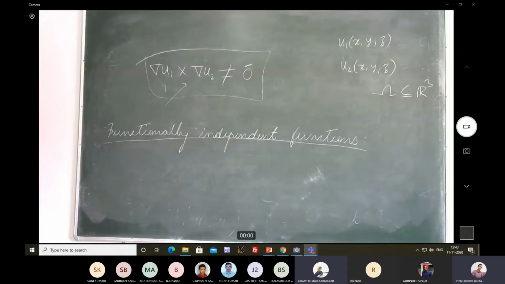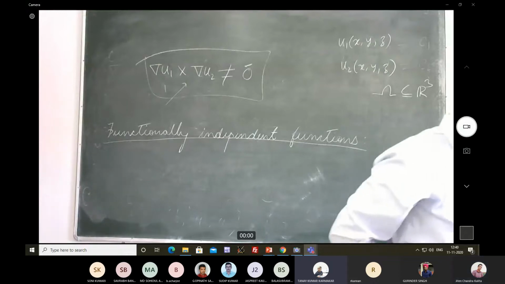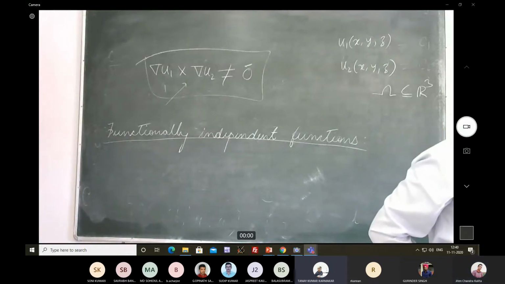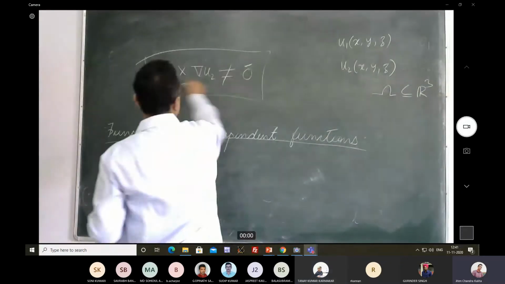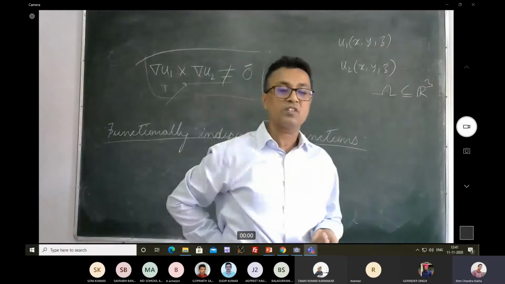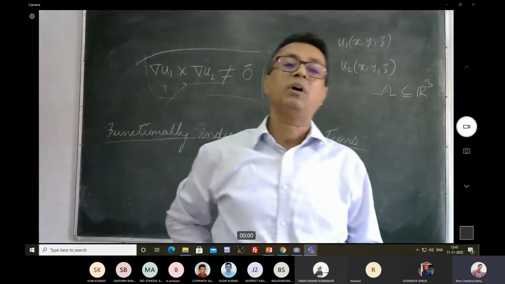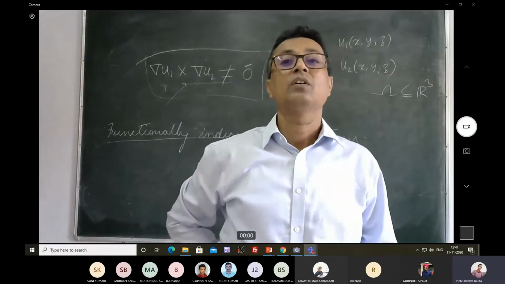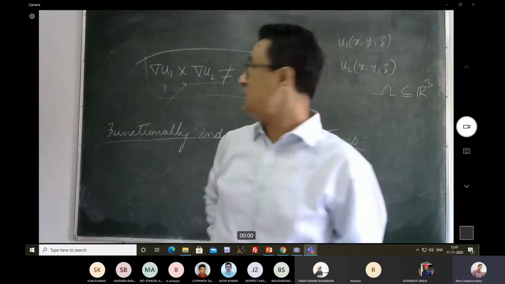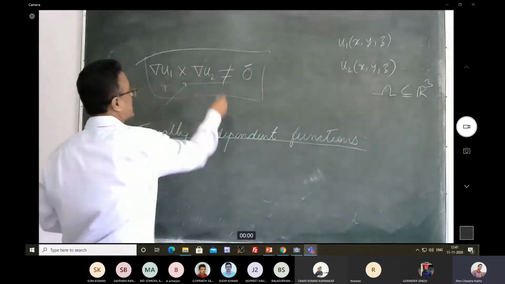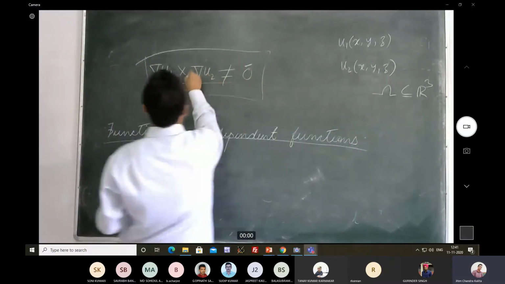Sir, what is the guarantee that it will be parametrizable? No, I have already told you. If this is non-zero, that means at least one component of this cross product is non-zero.